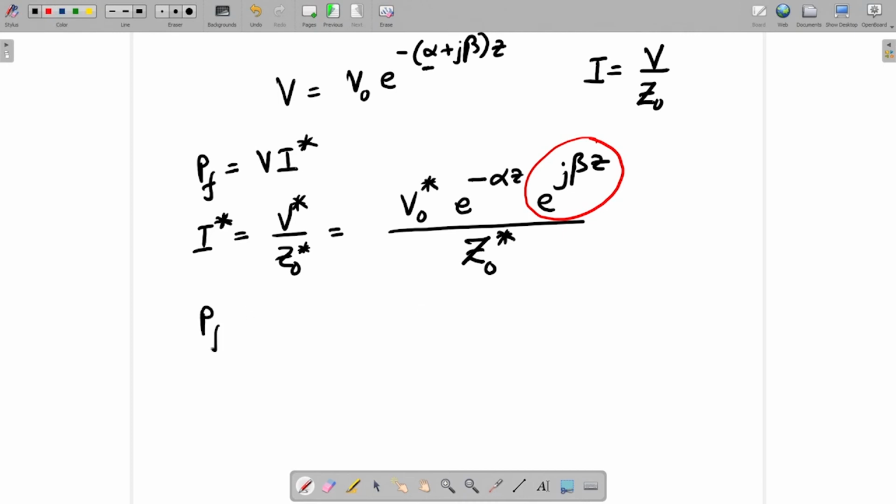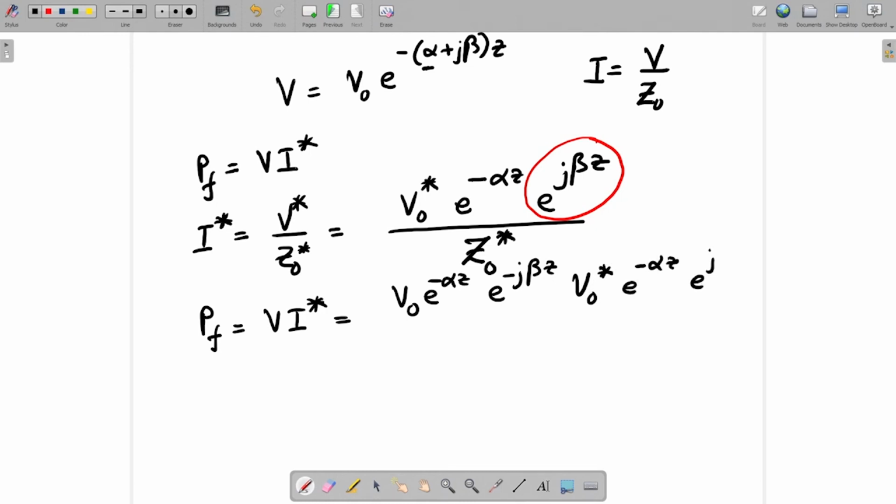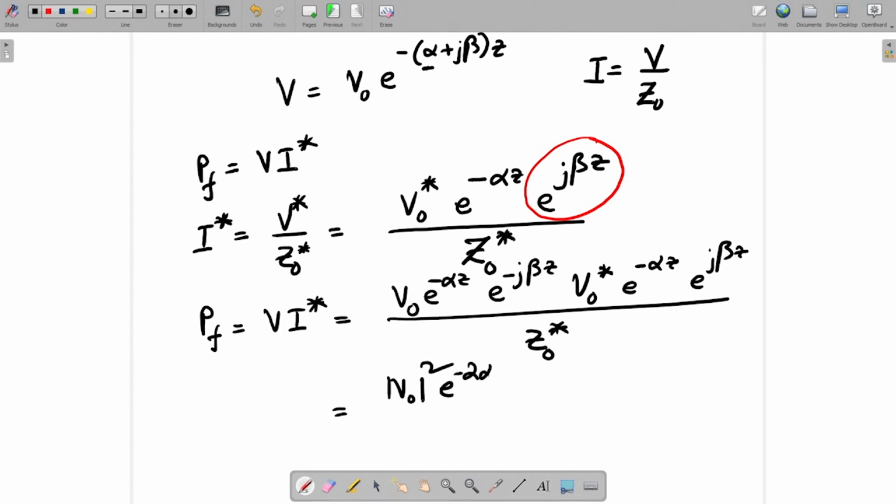So, therefore, my P f becomes equal to V I star, that is equal to V 0 e to the power minus alpha z e to the power minus j beta z times V 0 star e to the power minus alpha z e to the power plus j beta z divided by Z 0 star, and which ultimately evaluates out to be mod V 0 square e to the power minus 2 alpha z divided by Z 0 star, because this term and this term cancel out.